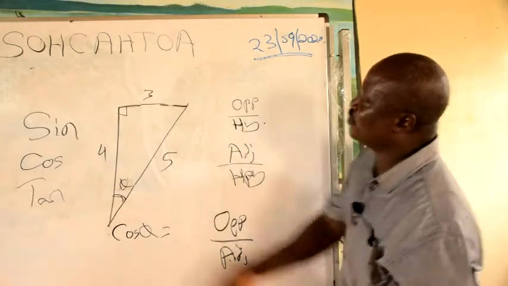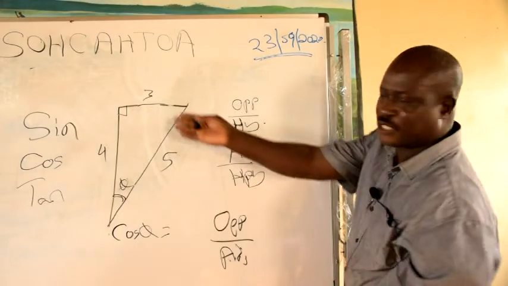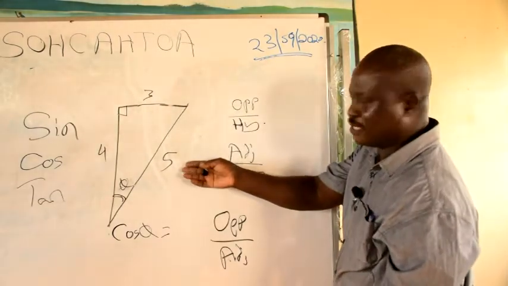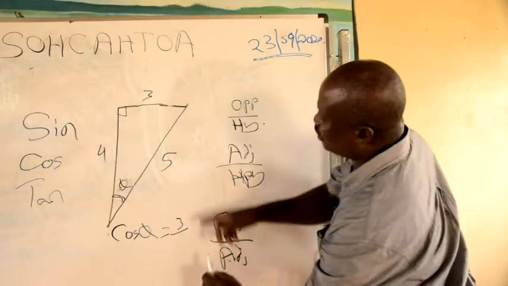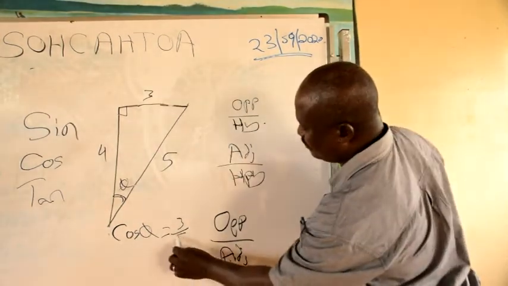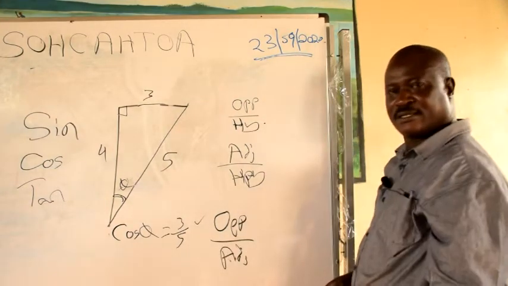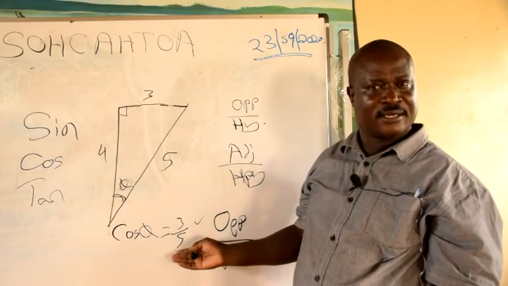Adjacent all over hypotenuse. Where is adjacent here? Is it 5? Is it 3? Adjacent over hypotenuse. Where is the hypotenuse? 5. And you get a tick.